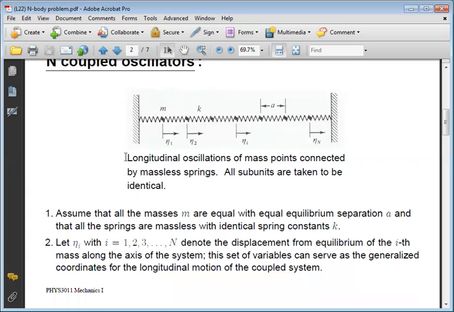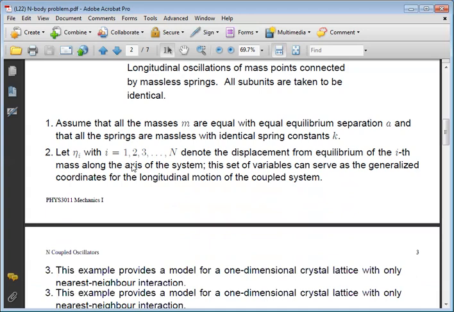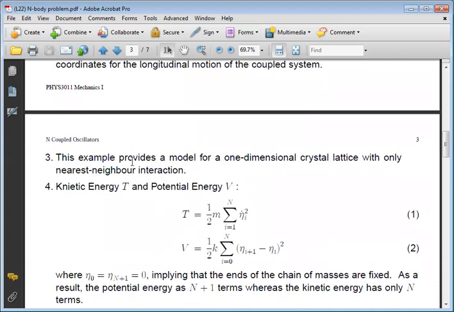So to begin with, we try to calculate the kinetic energy term first, and then the potential energy. The kinetic energy is very simple because all the masses are the same.